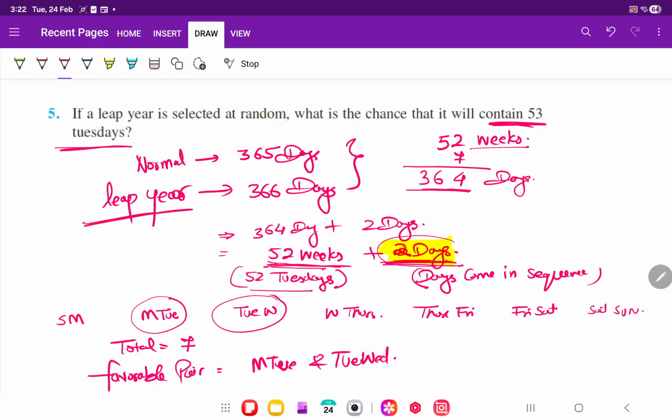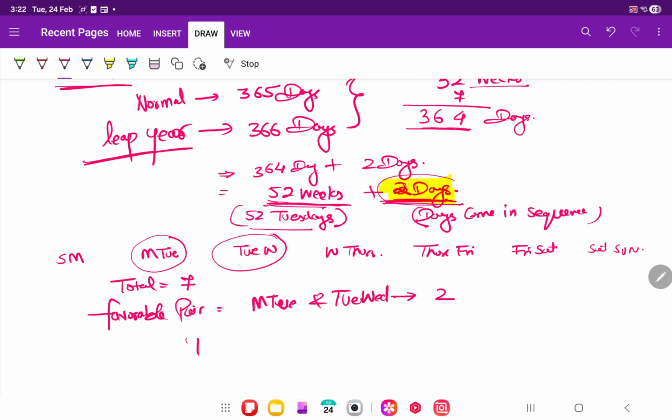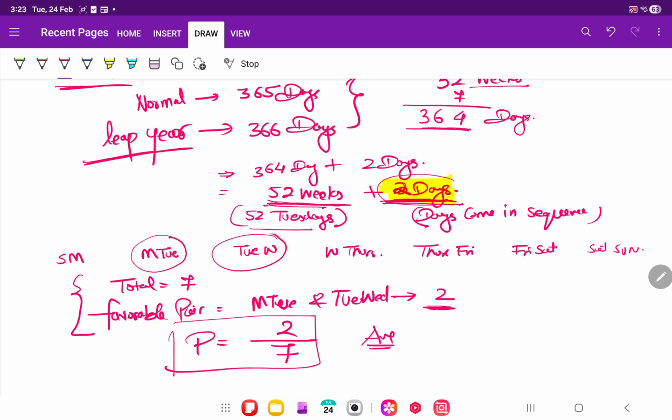So 2 are favorable. So what will be the probability that there are 53 Tuesdays? 2 out of 7. Because 7 combinations are possible and out of that 2 are favorable to have one more Tuesday. So this is the probability.